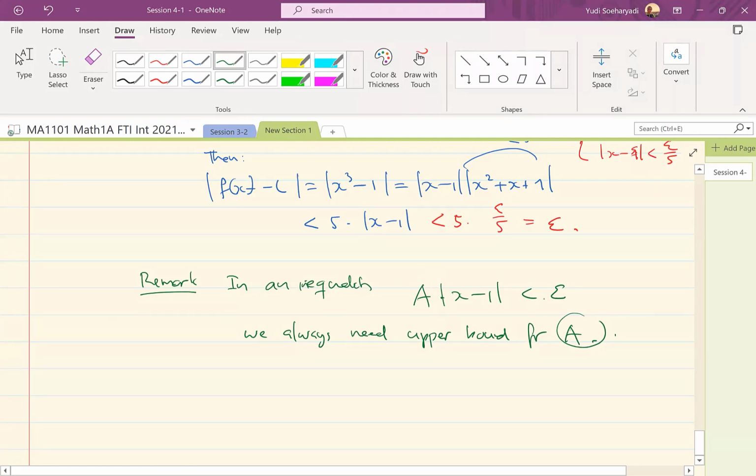Smaller is always smaller than the largest, but we need to find the largest possible for this one.